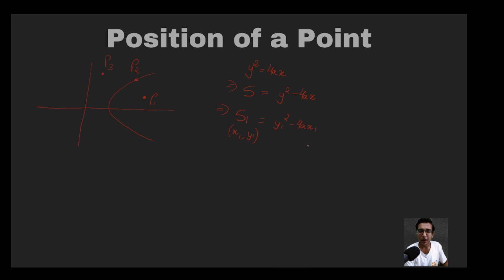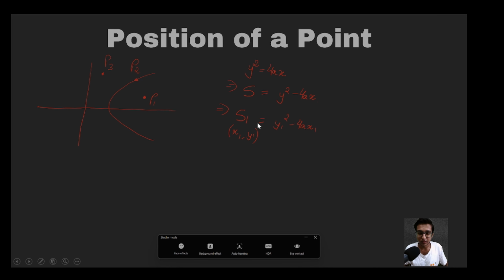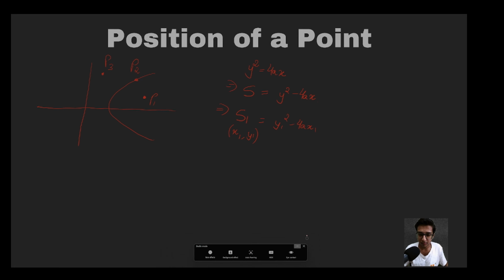We had studied a part of this while doing circles as well, how we can find S1 and T. Similarly, once we know the coordinates of the point, we can find S1.